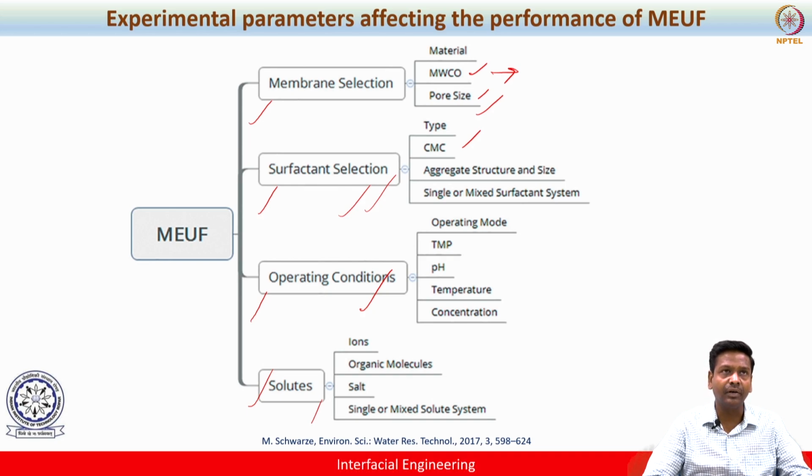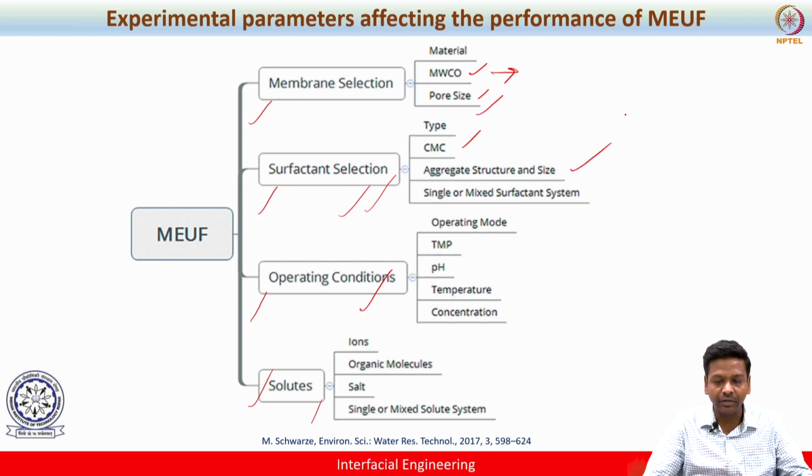If you choose a surfactant with a higher CMC, you have to use a lot of quantity for the operation, and that will lead to a costlier affair. So one has to choose a surfactant which has a very low CMC, so that the process is economically viable.